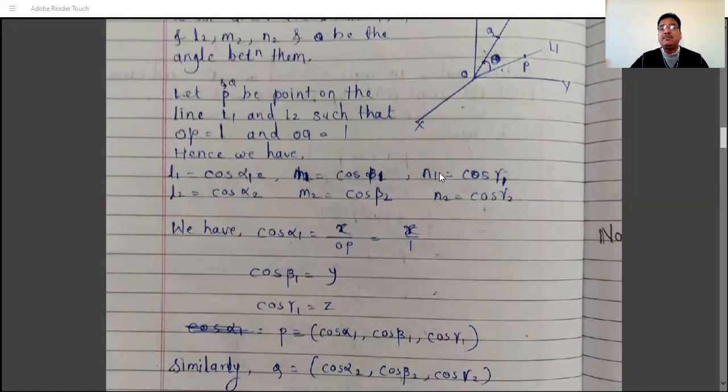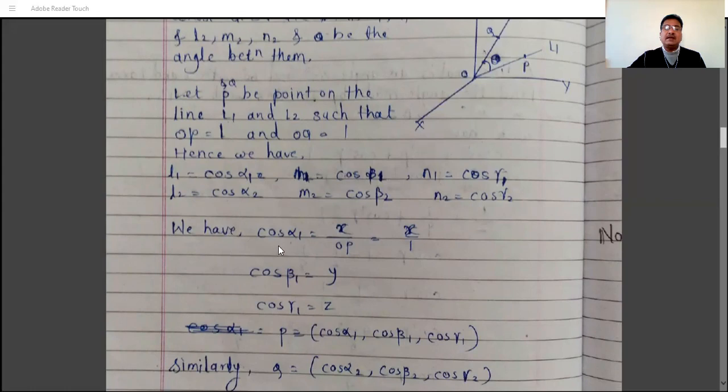That is, the line OP makes angles alpha 1, beta 1 and gamma 1 with the positive x-axis, y-axis and z-axis. Similarly, the line OQ makes an angle alpha 2 with the x-axis, beta 2 with the y-axis and gamma 2 with the z-axis.